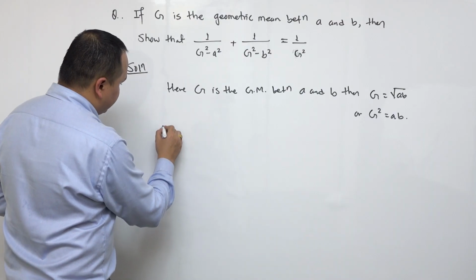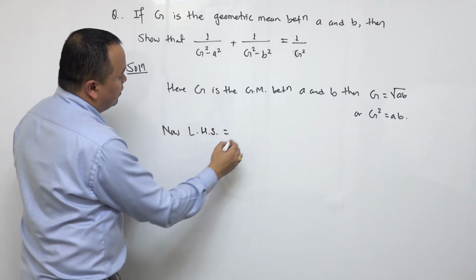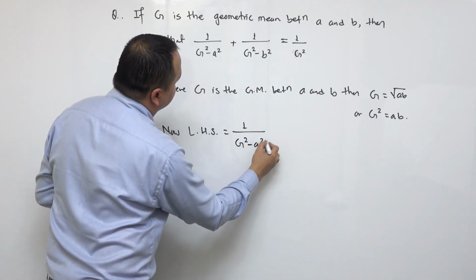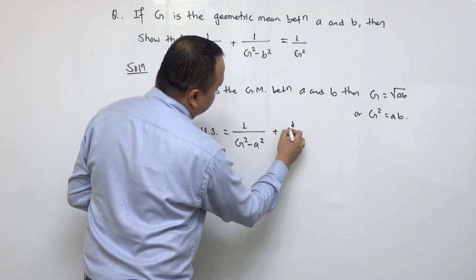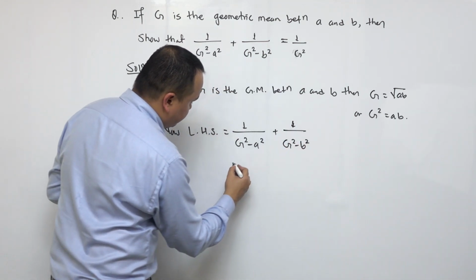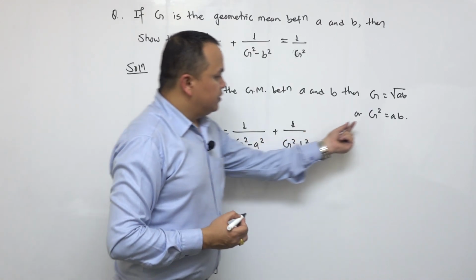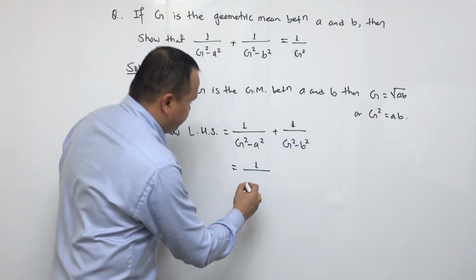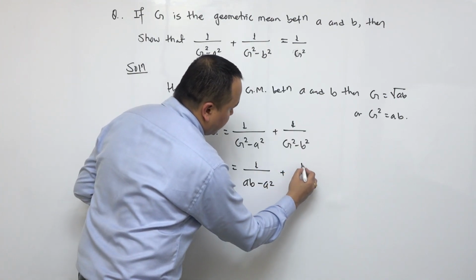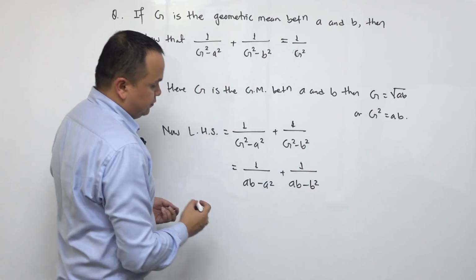Now, the left hand side: 1 upon G square minus A square plus 1 upon G square minus B square. We have G square is AB, so 1 upon AB minus A square plus 1 upon AB minus B square.